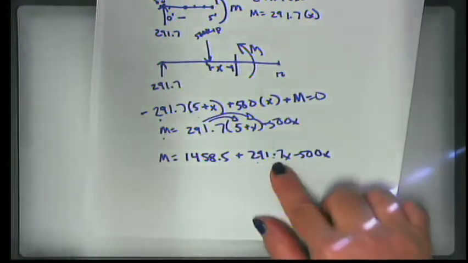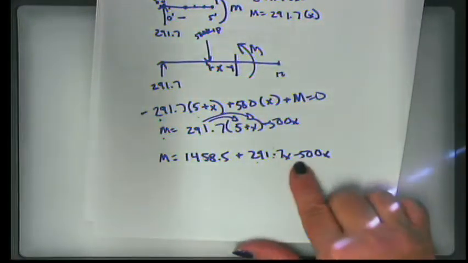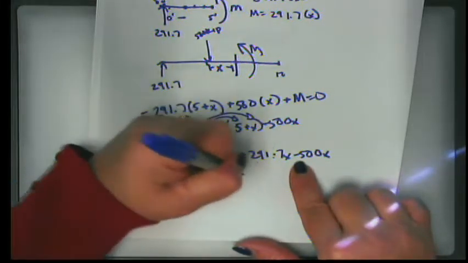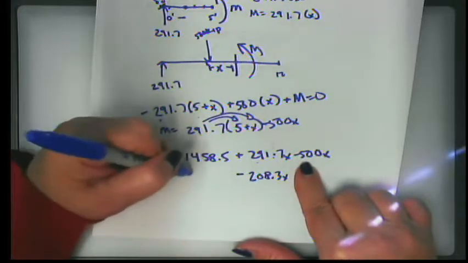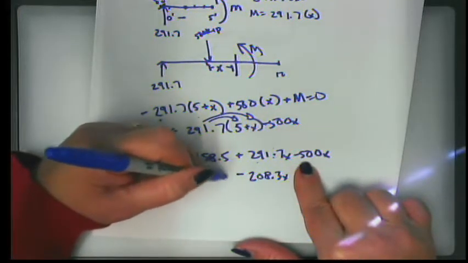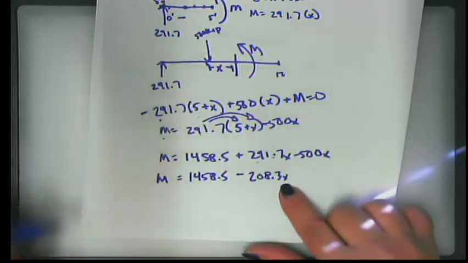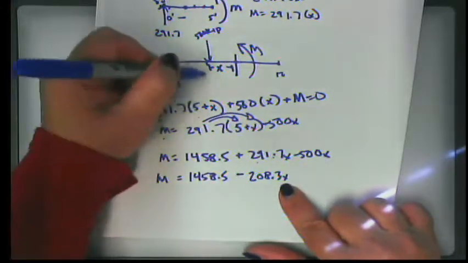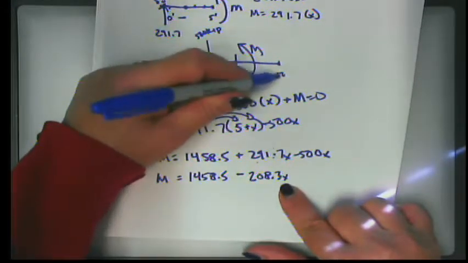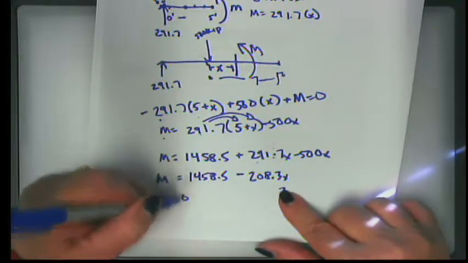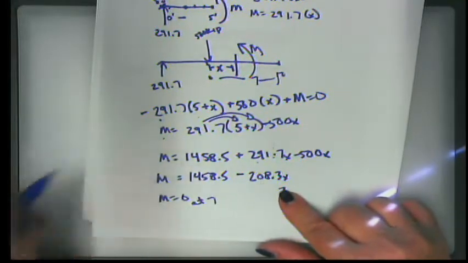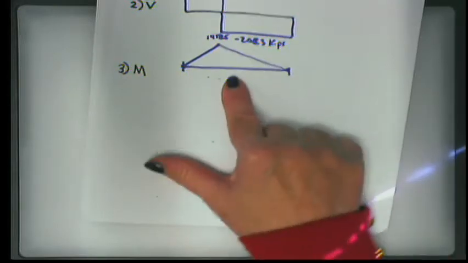I can bring these two together: 291.7 minus 500 is minus 208.3x. So 1,458.5 minus 208.3x equals m. Then I plug in this value of x from 0 to 7. At 7, I find that my moment is equal to 0, and that it's a linear relationship.